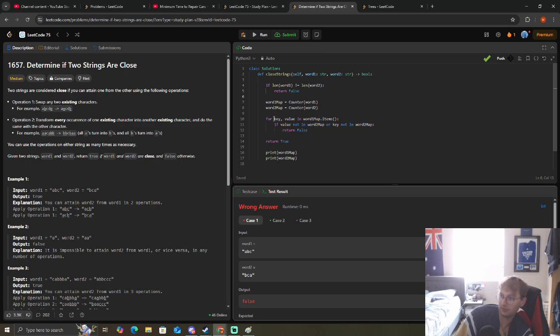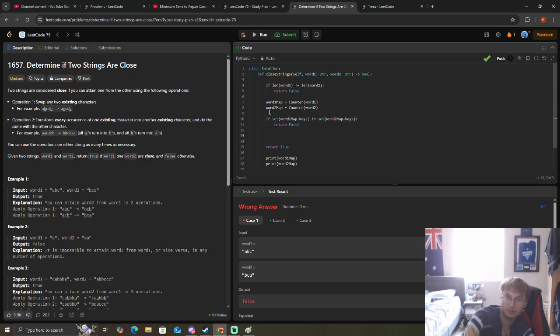We create our counters, right? So the proper way to check the keys here is, if set of word 1 map dot keys does not equal set of word 2 map dot keys, we return false.